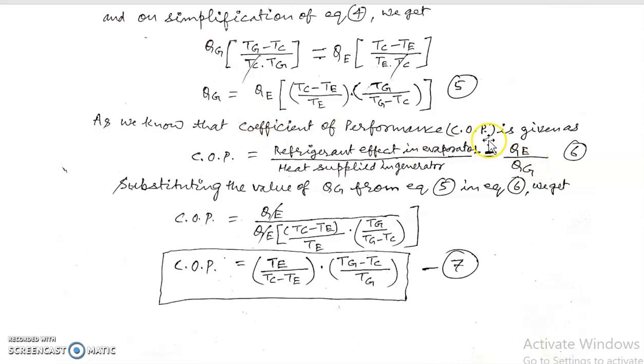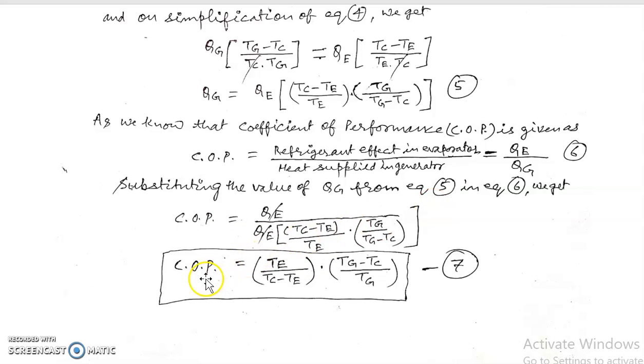So COP is the ratio of QE over QG, and from equation 5 we can put the value of QG. So COP becomes QE over QE times (TC minus TE) over TE, and so on.